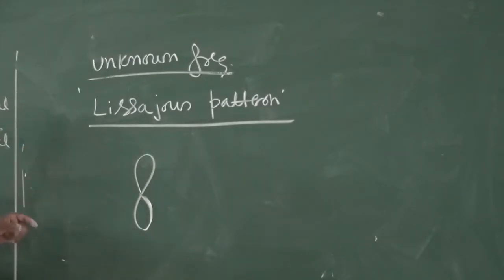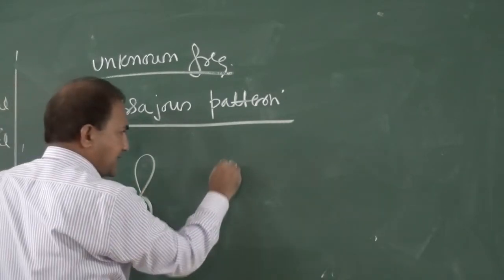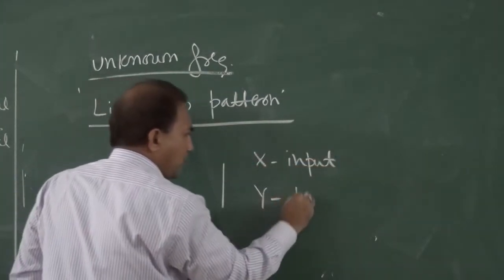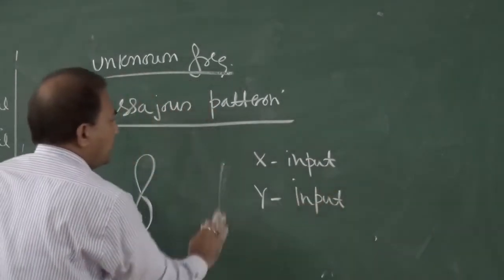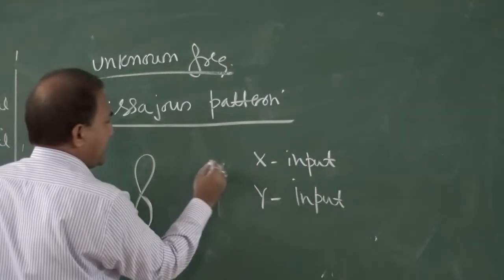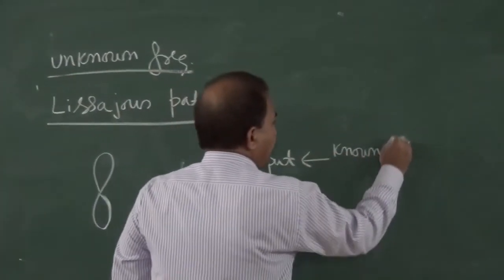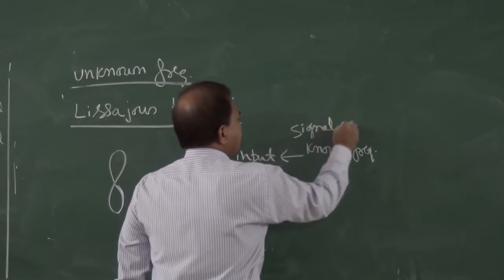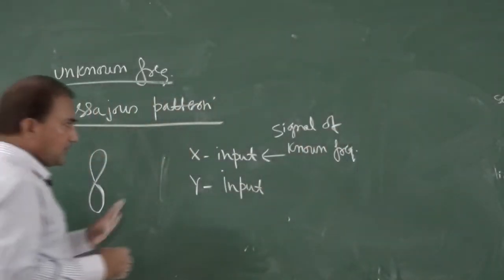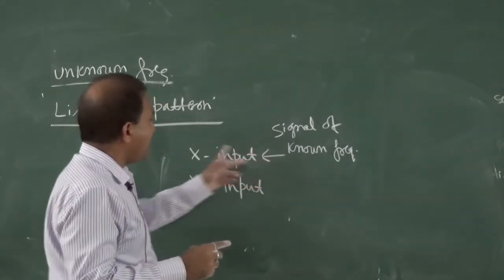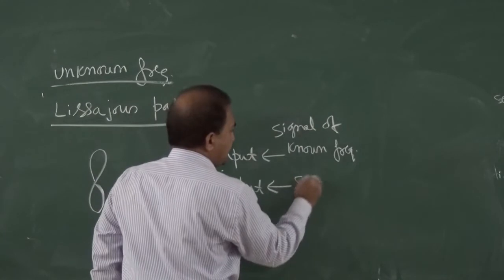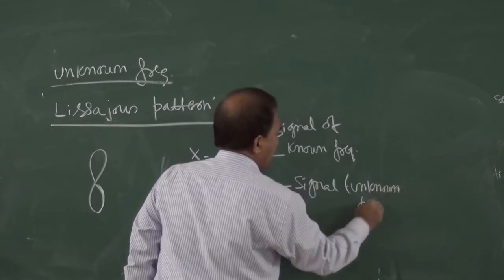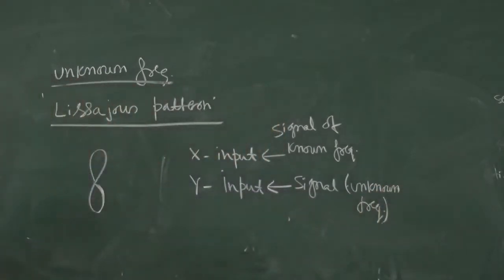How is it obtained? We apply two different signals, one to the X input and one to the Y input. A signal of known frequency is applied to the X input, and a signal of unknown frequency is applied to the Y input.